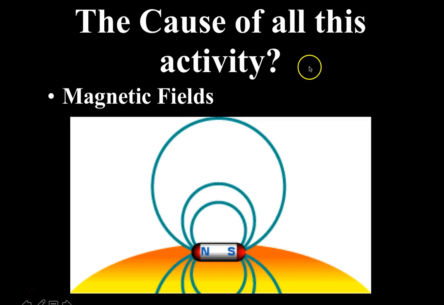So the basic cause of all this activity we understand is from magnetic fields. Now I haven't shown you the data for that yet, but that will come in the next chart. But remember that magnetic fields will cause electric charges to move around these field lines in tight concentric circles, and they'll just follow along here.